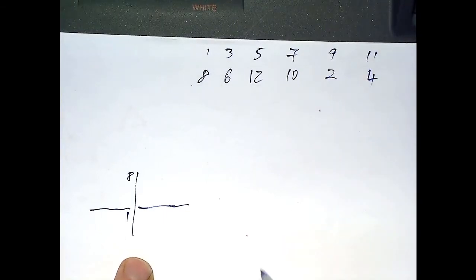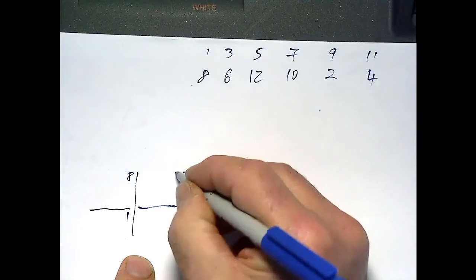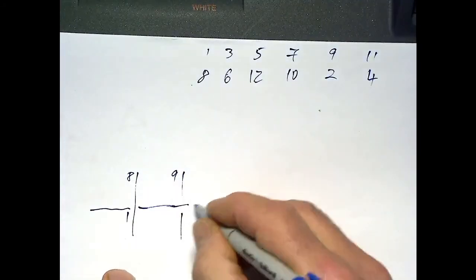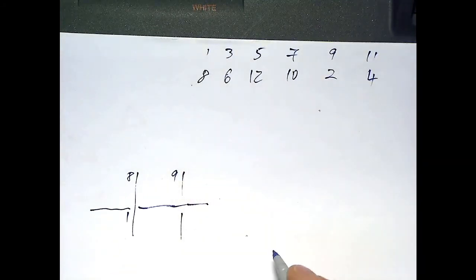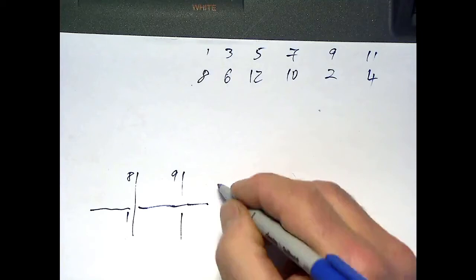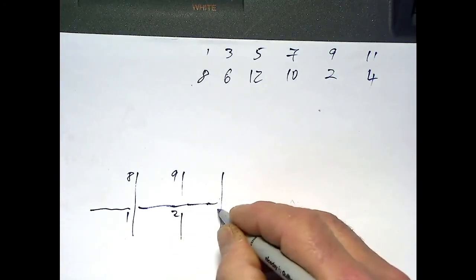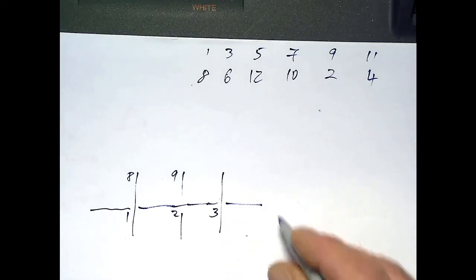So 2 will be overpassed by 9. 2 will overpass 9. These are crossing numbers, not arc numbers. And then 3 goes underneath. It's alternating because there are no minus signs. 3 goes underneath a crossing which will also be labelled 6. And then 4 goes over 11.